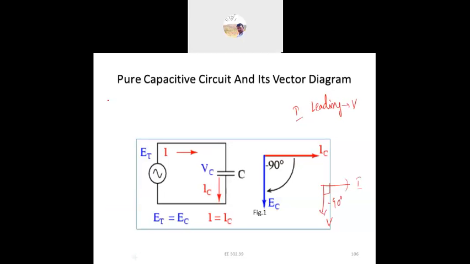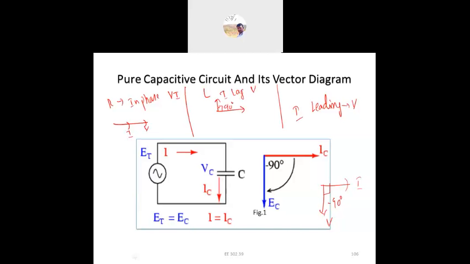Remember, in a resistor the voltage and current are in phase. Next, in the inductor, the current lags behind the voltage, so that's why we take 90 degrees.